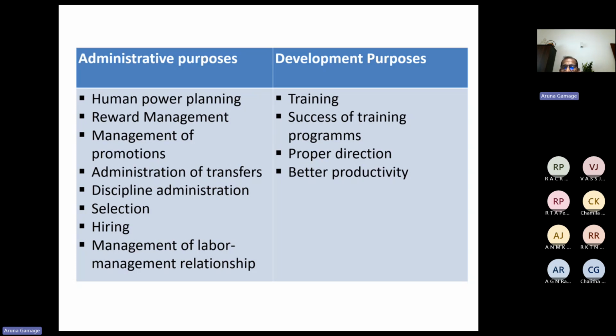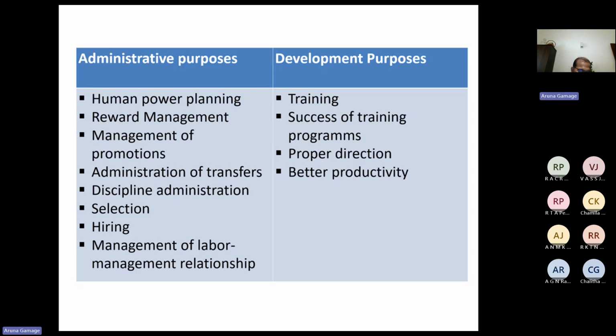Better productivity: performance evaluation increases the mutuality between employee and superior, because employees and employers or superiors have to work together. When it comes to evaluation, the mutuality between these two will increase, and that mutuality increases productivity. That is the development purpose. Those are the two main purposes.